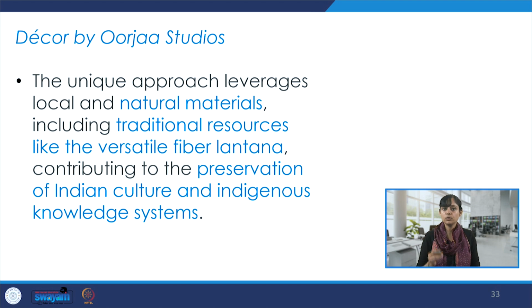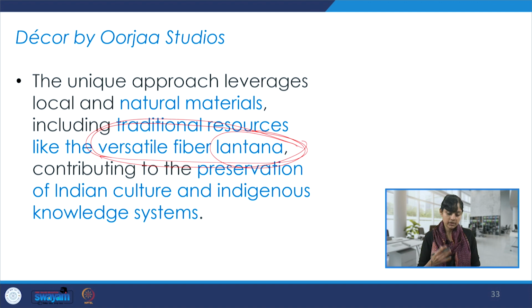The unique approach leverages local and natural materials, including traditional resources like the versatile fiber lantana, contributing to the preservation of Indian culture and indigenous knowledge systems. So, I was talking about unconventional materials which have potential and which have not been explored. Lantana is one of those.